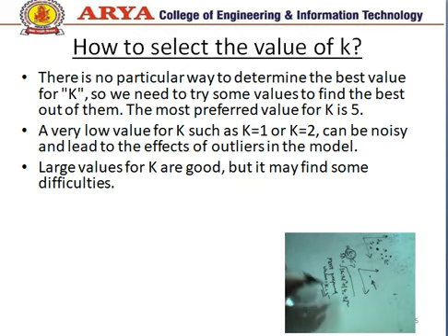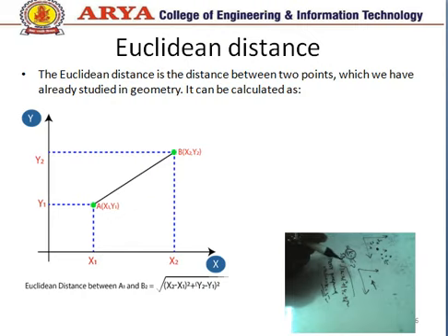In most of the cases we consider the value 5. Large values of K are good, but they may cause some difficulties. Euclidean distance, as I have already discussed, is a simple geometric calculation in which we have two points, the first point with coordinates x1, y1 and the second with x2, y2.